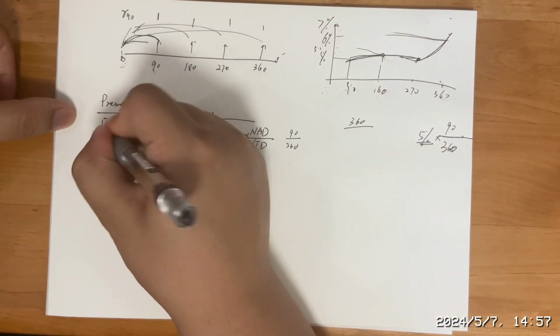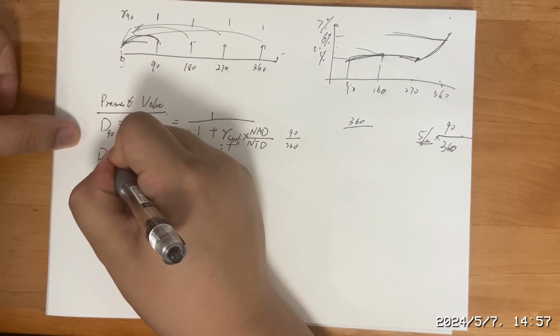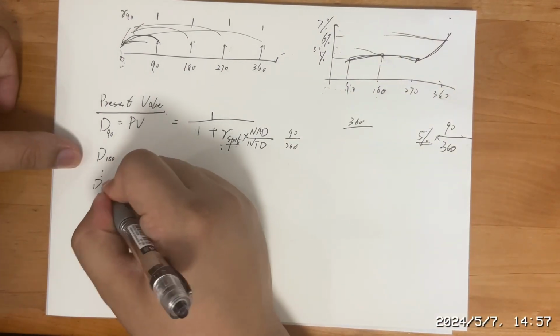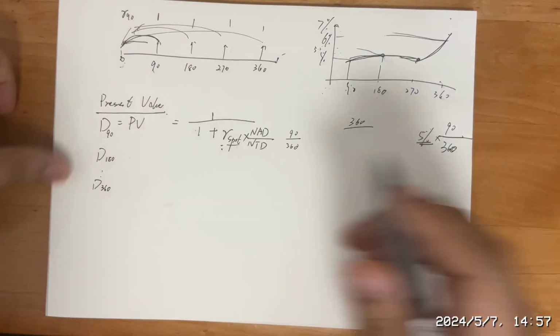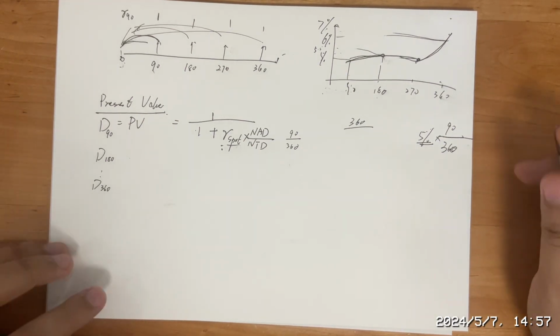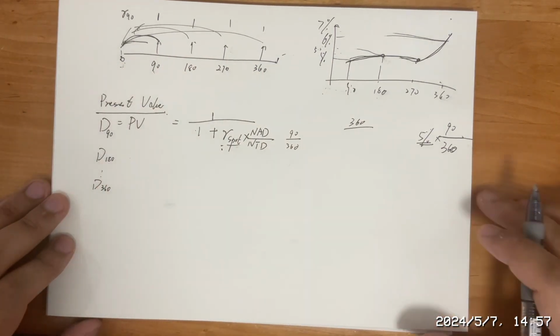Sometimes you use D for that, so it'll be D 19 days, D 180 days, D over 360 days, and we get all sorts of discount factors or present value factors. Once you have that, you're going to sum it all up when you're dealing with all these future cash flows.